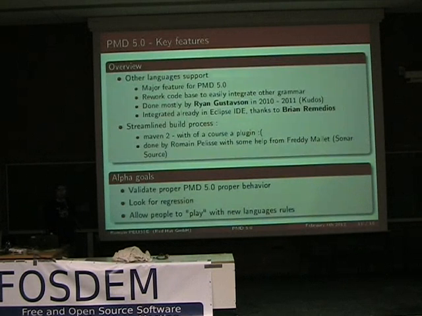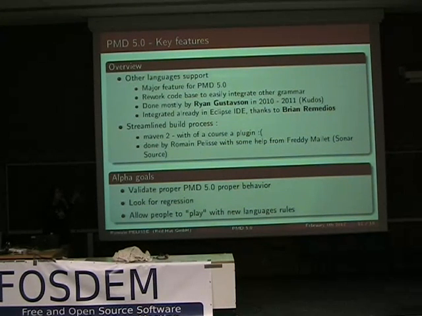Okay, so now, why I do this talk is to talk about PMD 5. PMD 5 has just been released in an alpha state, and there are basically two features and only one really useful: PMD now supports different languages. You can plug whatever languages you want into PMD. Right now, we've already done that for XML and JavaScript, but if you have some jars with an AST of whatever language, plug it into PMD and you can check any source code with PMD, which is nice.